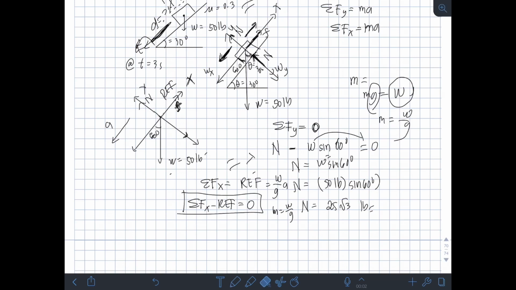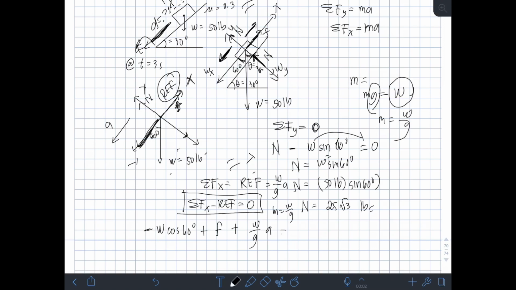So, sum up natin yung mga force. So, sa x-axis tayo titingin. So, meron tayong horizontal component ng weight W. Ito, right? Nasa negative x-axis. So, negative. So, formula for horizontal component of force, negative, magnitude ng weight times cosine ng angle niya, which is 60 degree. And then, positive, nasa positive x-axis yung friction, right? F, plus itong REF natin. Equal siya sa REF or ito nga yung W over g times a.